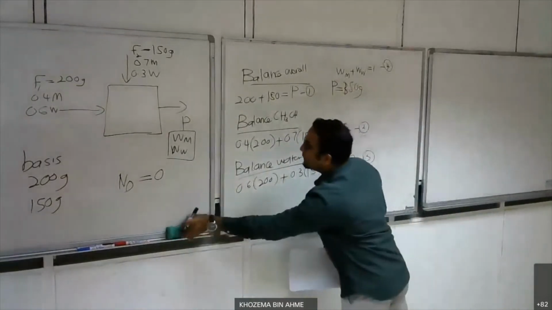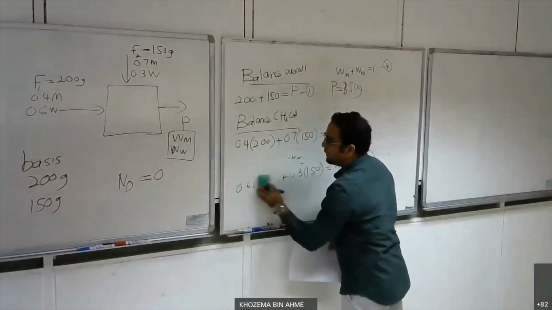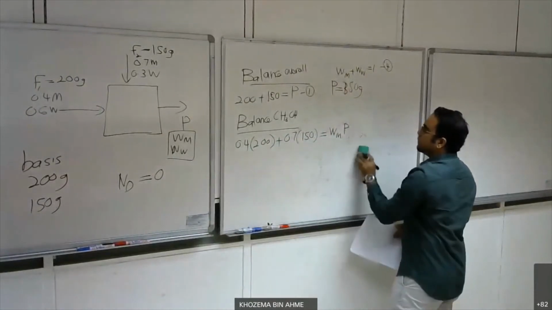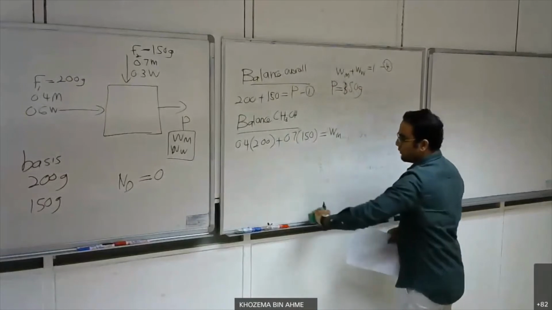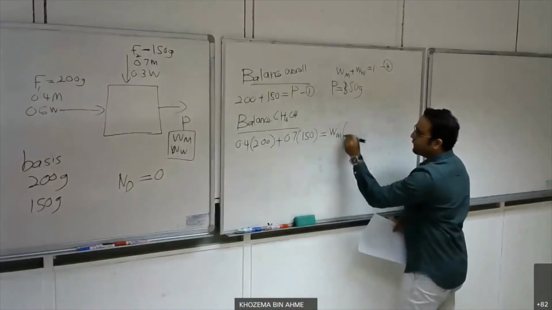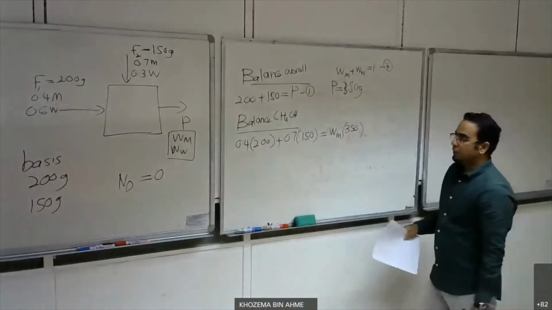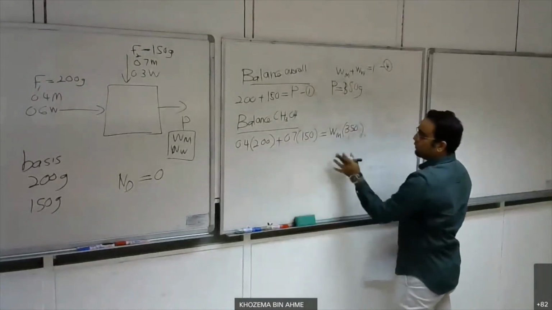So if you look at this equation, since I know the value of P, I can substitute here instead of P, I can put 350. Known value, the only unknown.